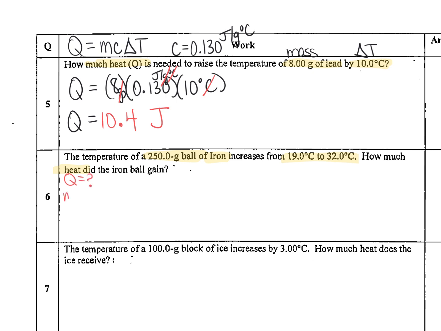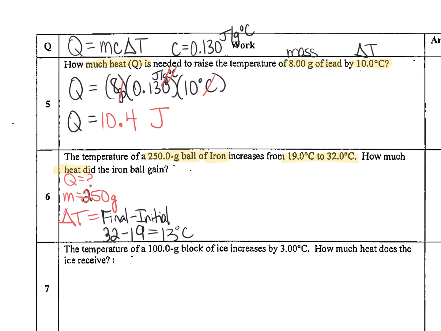I know that I have a mass of 250. We do need to calculate our change in temperature. So remember that to calculate our change in temperature, we always take the final temperature minus the initial. So we'll do 32 minus 19, which means our change in temperature is going to be 13 degrees.